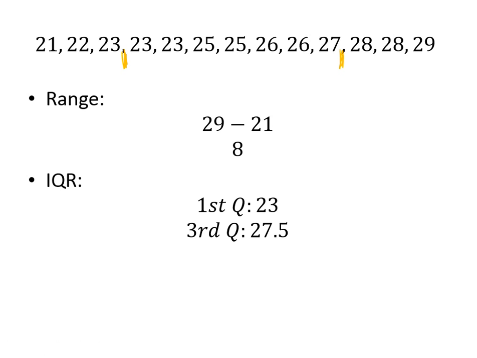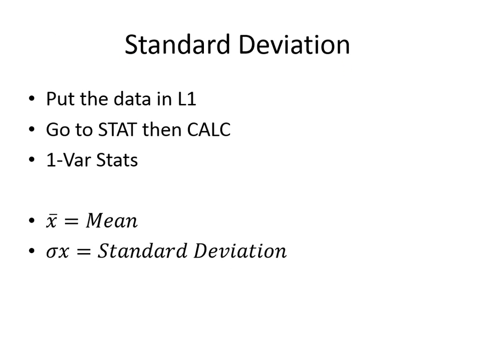So what we do is just take them and subtract. We go 27.5 minus 23, and that gives us about 4.5. And that's our interquartile range. So our interquartile range is about 4.5. Our range is about 8. This is just another way of identifying the spread of it. So it's just different ways. Sometimes you want to use some, sometimes you want to use others.